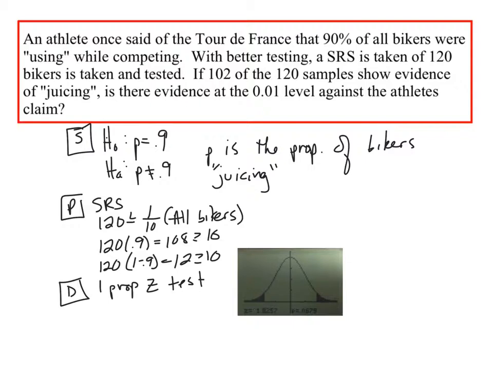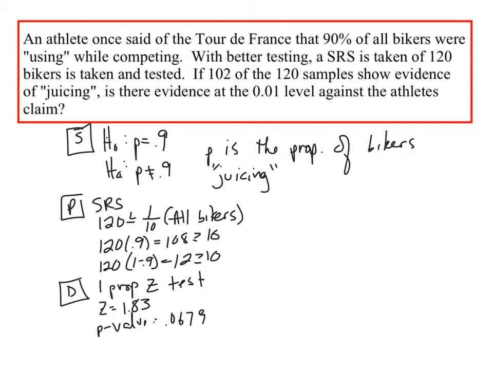So what I should report in this do portion, remember, is your test statistic, which for me was a z of 1.83, I guess, and a p-value of 0.0679. So now we can conclude.